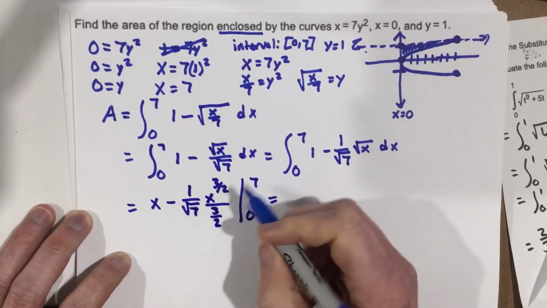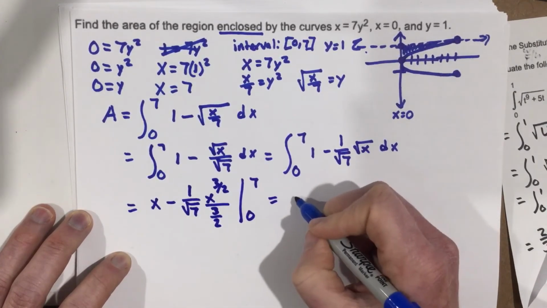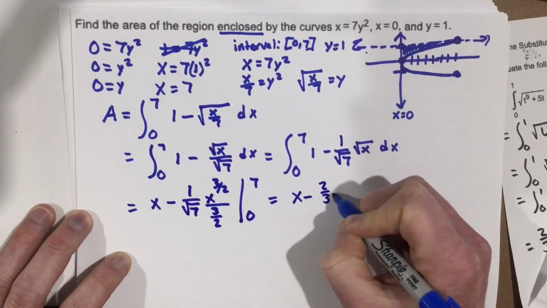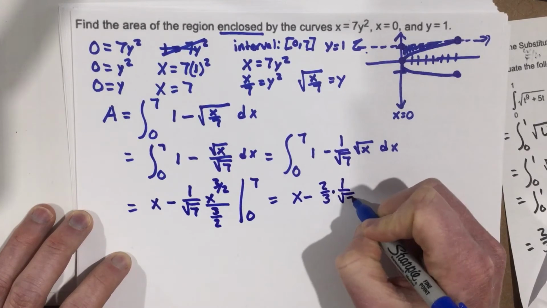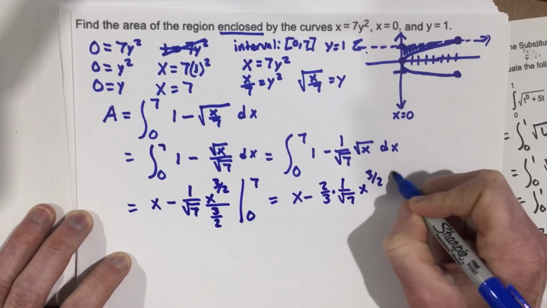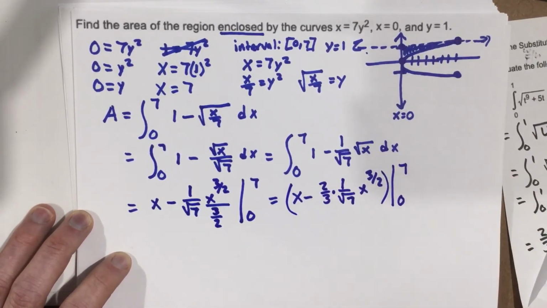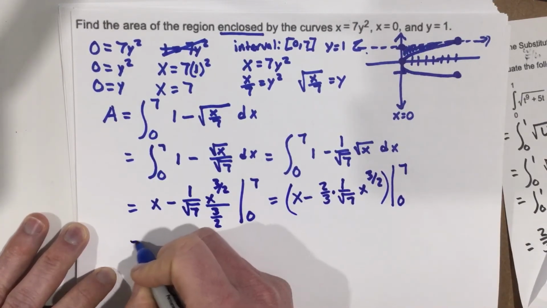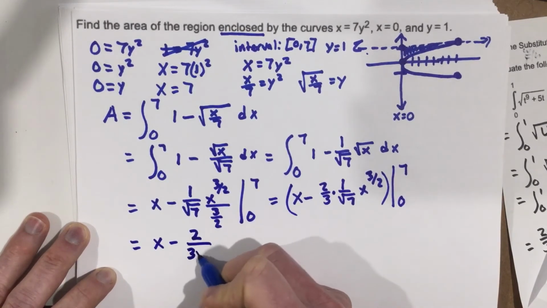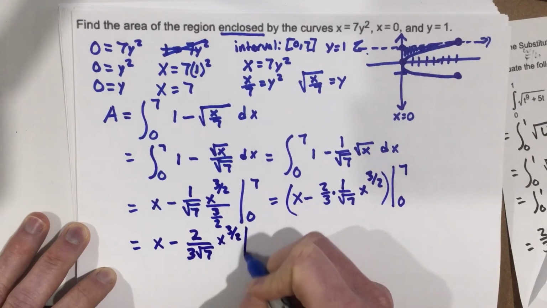Now we can flip and multiply the 3/2, so we're just going to multiply it to the front there. So we end up with x minus 2/3 times 1 over root 7 times x to the 3/2, evaluating from 0 to 7. So that's going to give you x minus 2 over 3 root 7 times x to the 3/2 from 0 to 7.